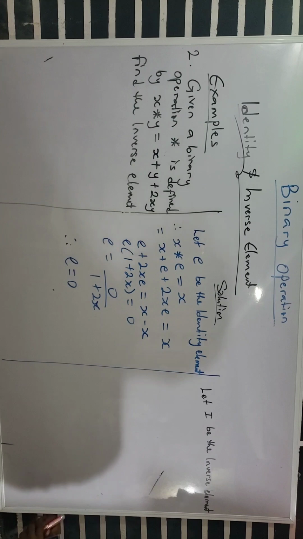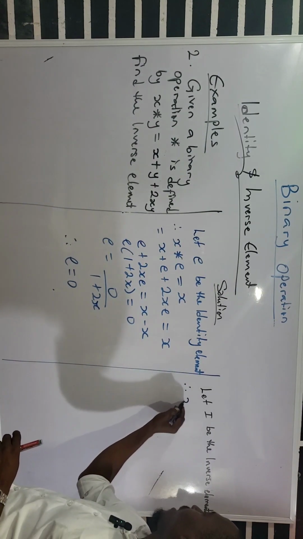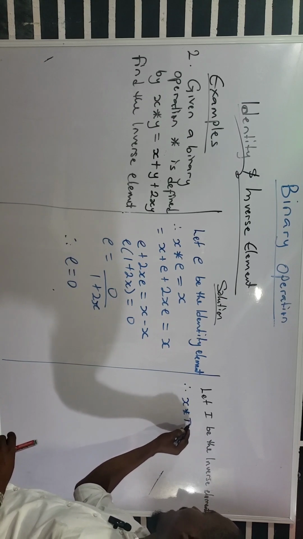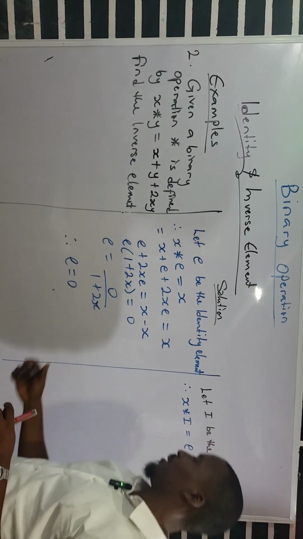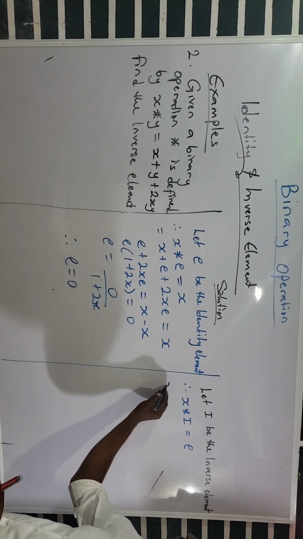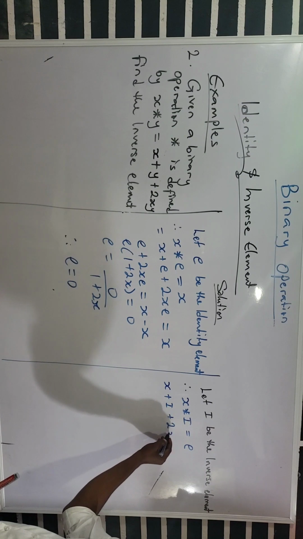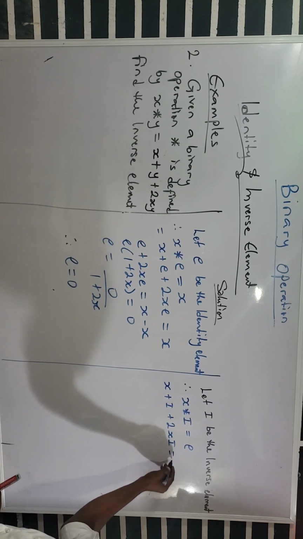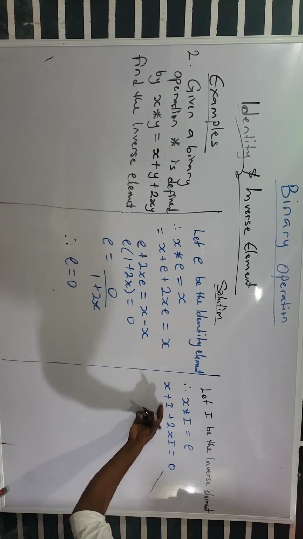With that now, we say therefore X binary I will give you E. Already we know our E. So that will give us x plus I plus 2xI equals E, which is 0. So with that now, we can solve for I.